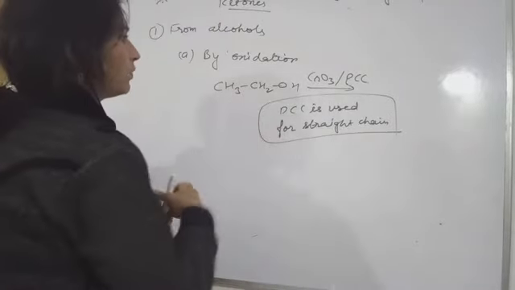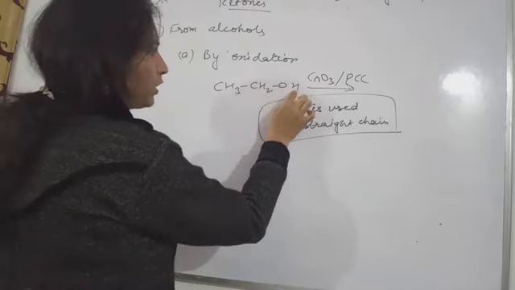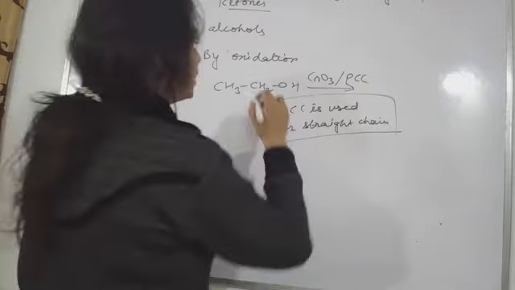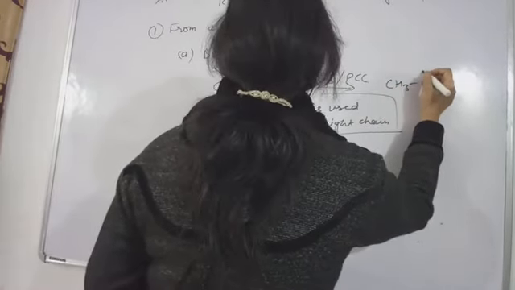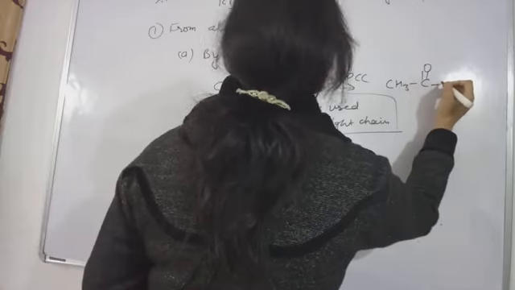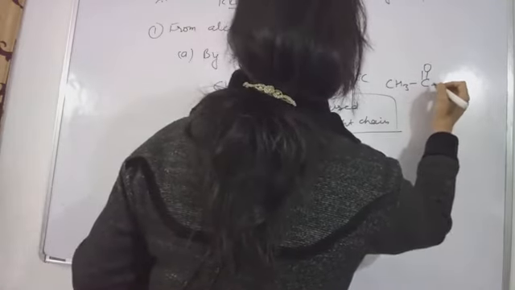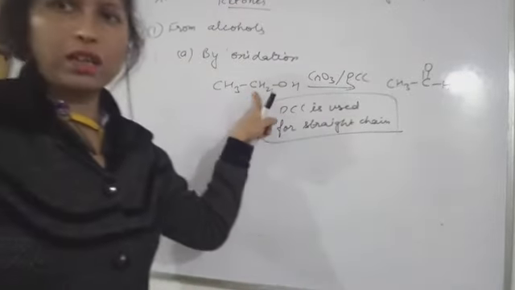Okay, so here what you will get, the hydrogen is taken out from this carbon, and a hydrogen will also be removed from this oxygen. So you are left with what? CH3C, this double bond O, and this is H. One hydrogen will remain here also.